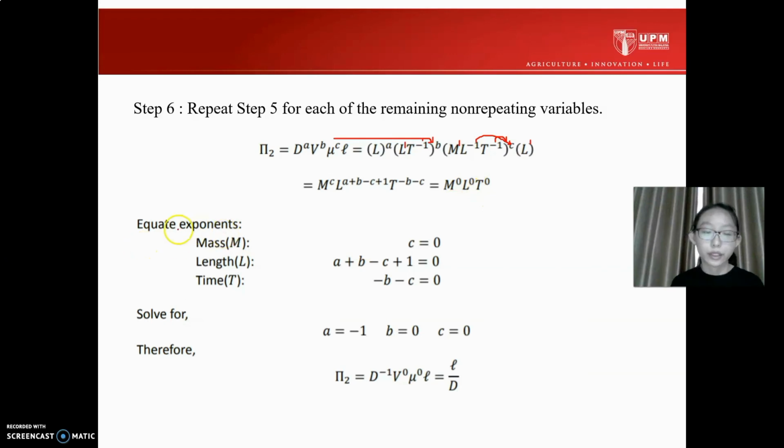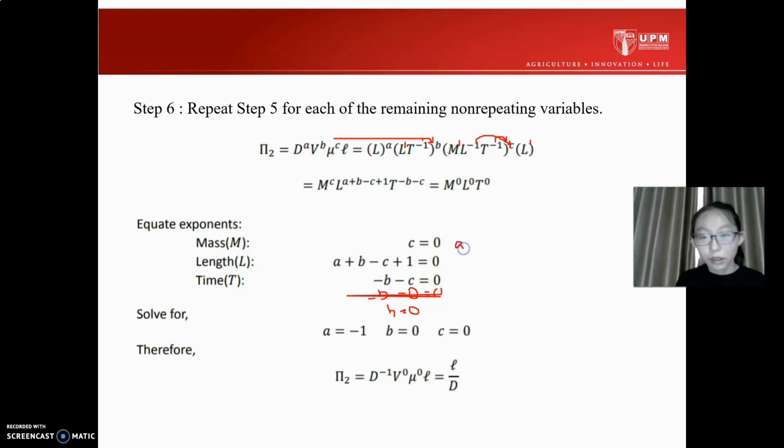For the exponent of mass, C is equal to 0. So we can calculate: C is equal to 0, times negative B, negative 0 is equal to 0, so B is equal to 0.